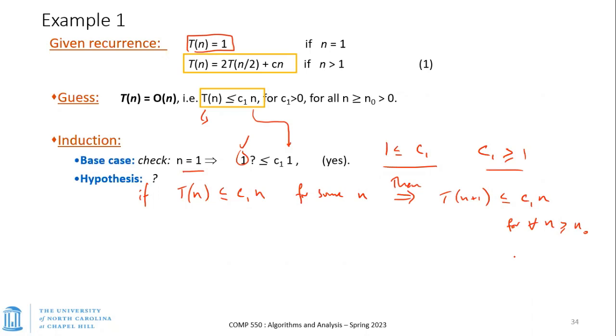Does the n naught not have to be true in the base case? Yeah, so in this case, what is n naught? One of the conditions is that n has to be greater than 0, so we can say that n naught is actually equal to 1 in this case. This is going to be trivially true for n greater than or equal to n naught, which is 1.